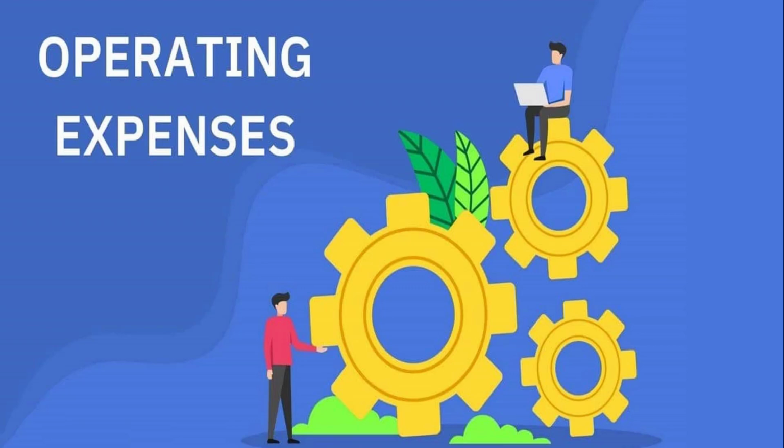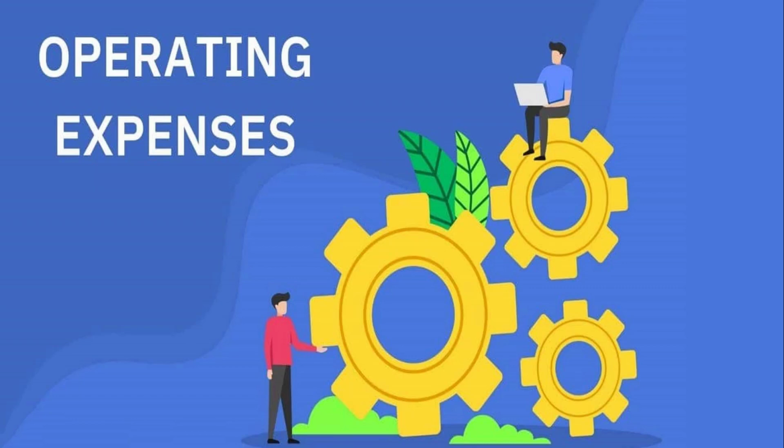Now let's look at operating expenses. These are all the business costs other than the costs of the goods being sold. They're generally divided into two categories: selling expenses and general expenses. Selling expenses are costs related to your organization's marketing activities, and general expenses are costs incurred in managing your overall business.